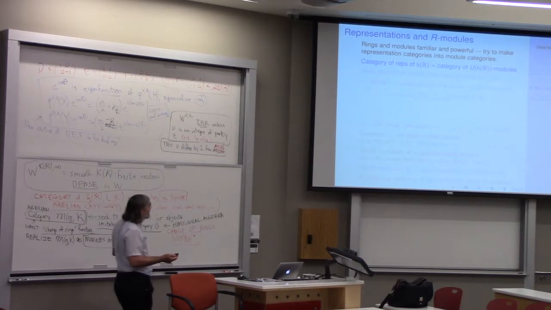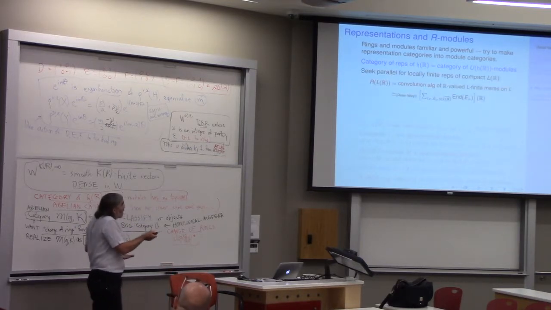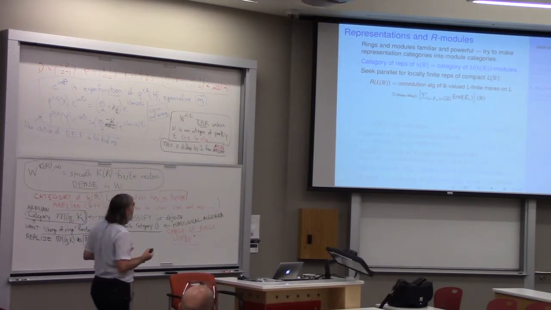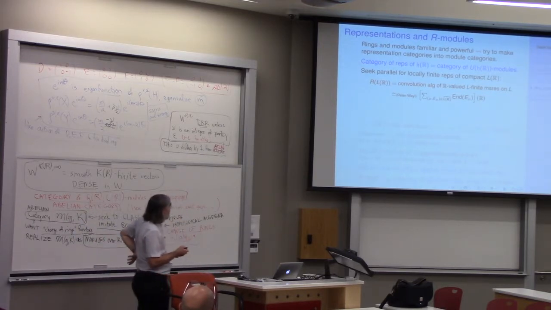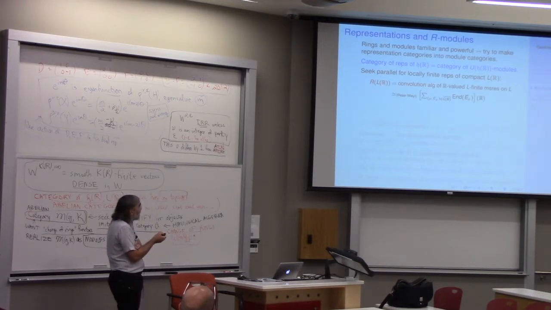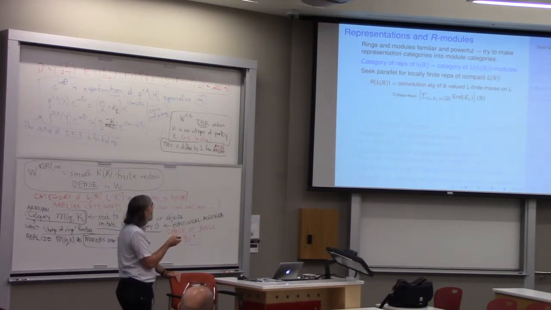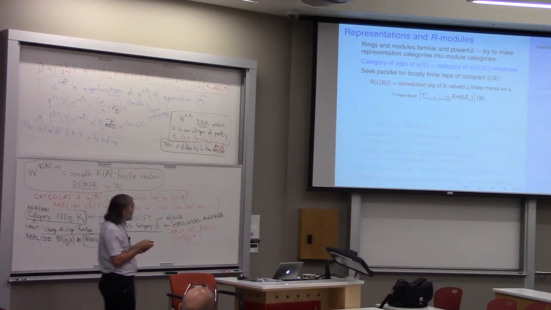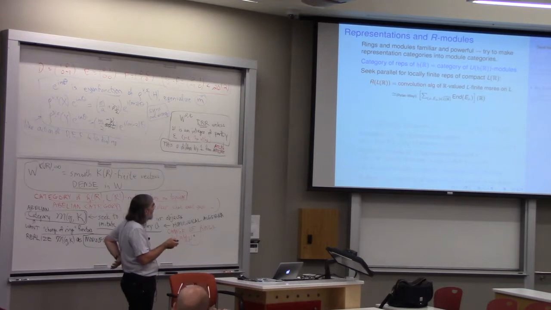So I want to do the same thing for locally finite representations of the compact group. So the right algebra to use is this convolution algebra. I want to look at measures on the compact group L of R which transform finitely under left and right translation.